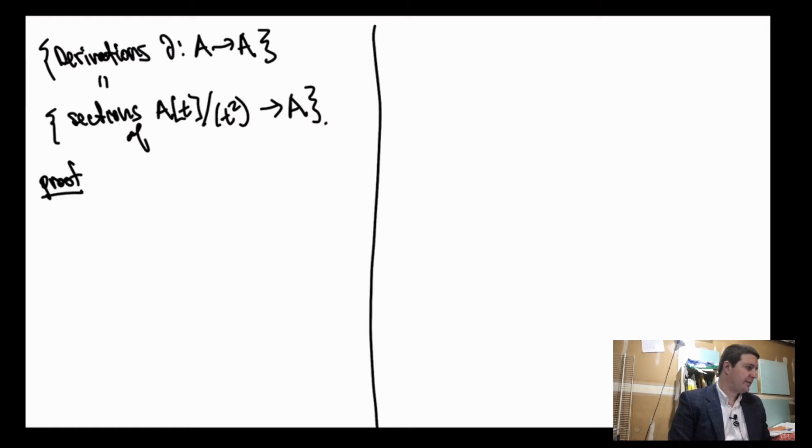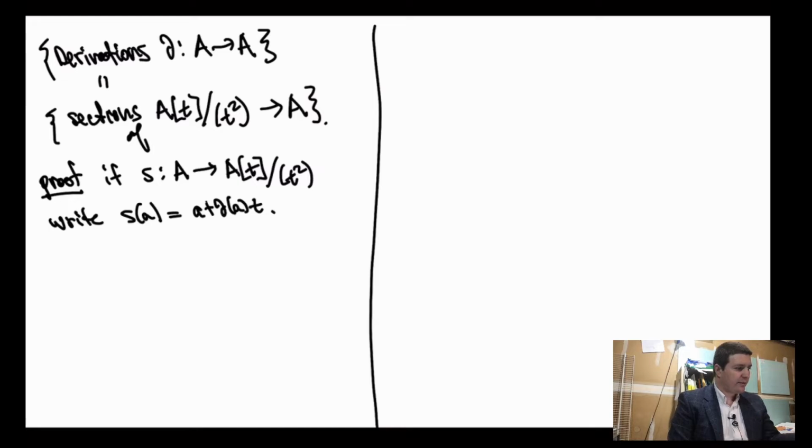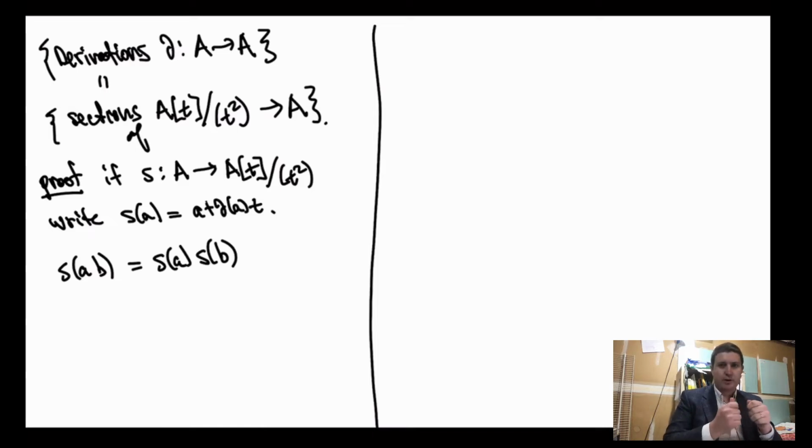What's the bijection between these two things? If I have a section, then we can write it like this. Things like the product rule are encoded by the ring homomorphism property: when you multiply this out, t squared is equal to 0, and then you equate the coefficients of t.